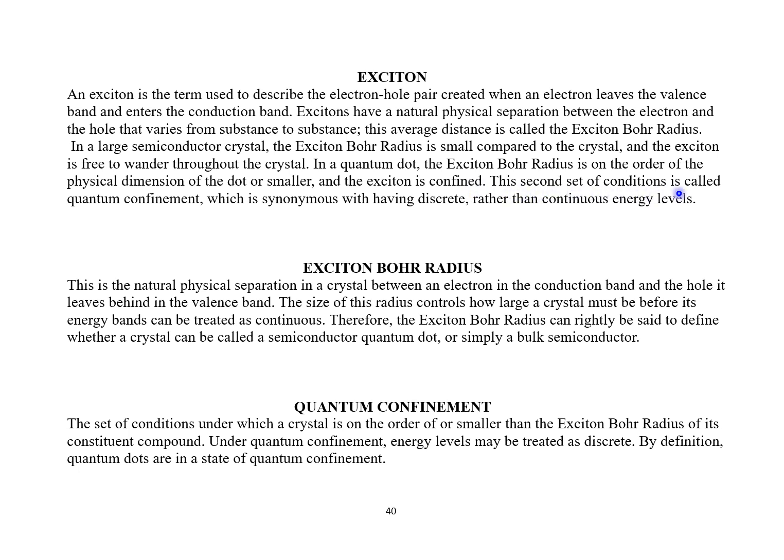This second set of conditions يعني هاي sets is called quantum confinement, which is synonym with having discrete يعني non-continuous rather than continuous energy levels. Exciton Bohr radius. This is the natural physical separation in a crystal between an electron in the conduction band and the hole it leaves behind in the valence bands. فهي المسافة ما بين electrons in the conduction band and the holes, the positive holes, these electrons leave in the valence bands.